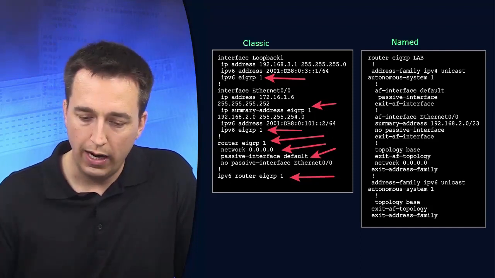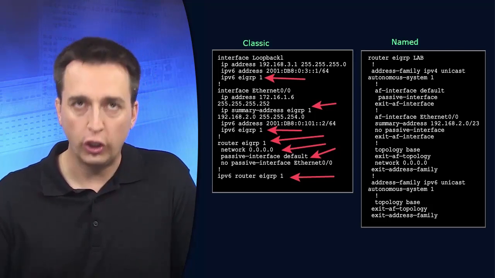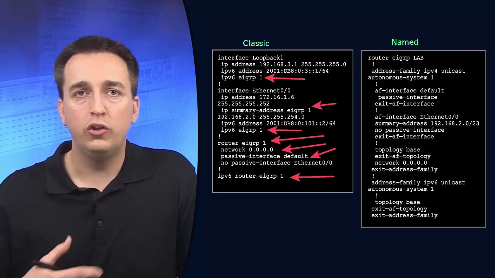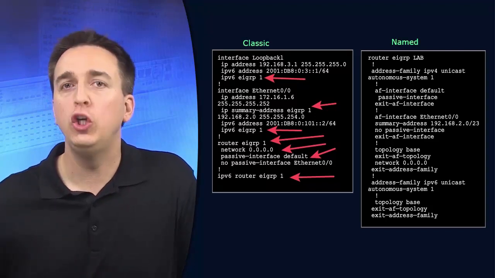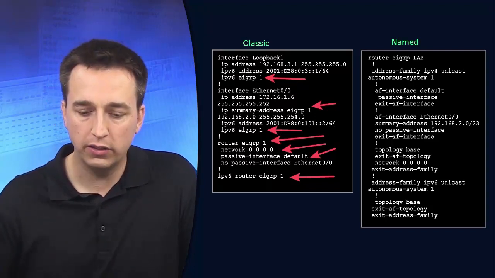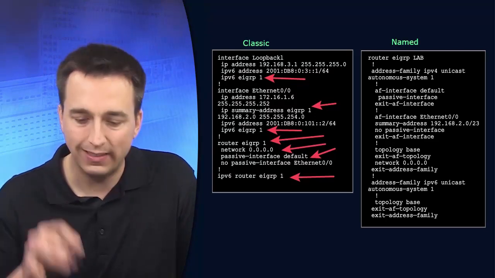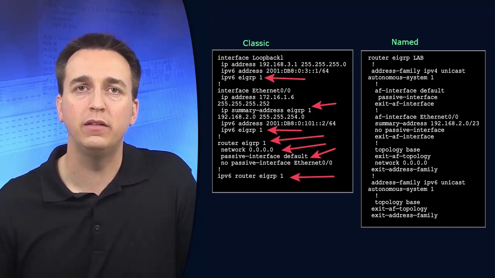So I would definitely encourage you to take the time to deploy new EIGRP routers using the named configuration mode. This is the wave of the future for EIGRP configuration.